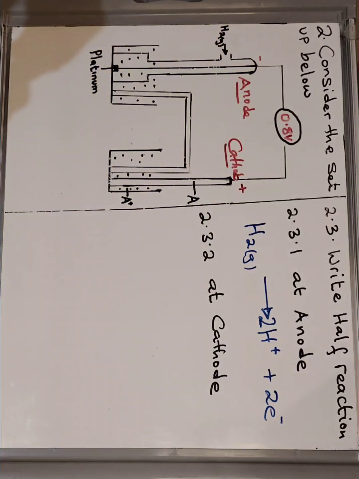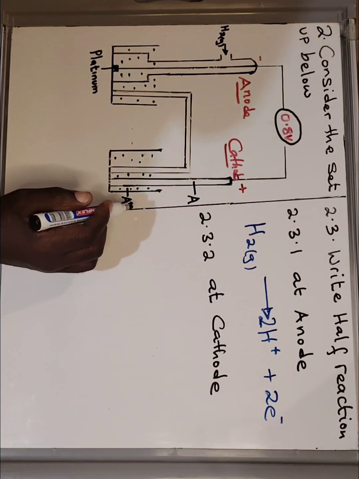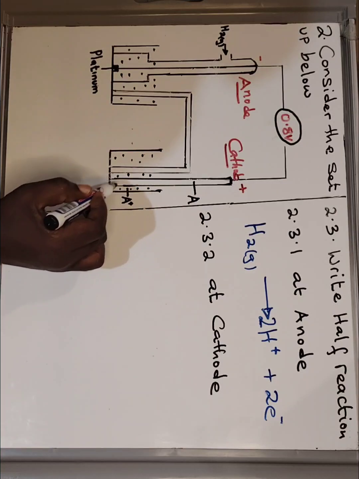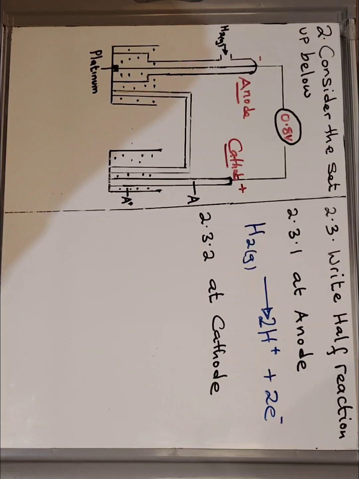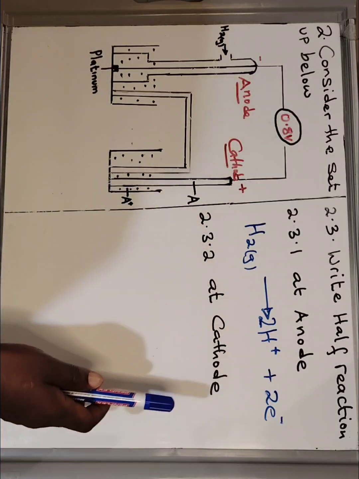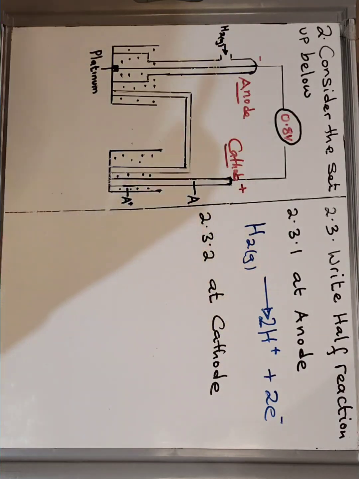But there's some information which is very important before we write. We don't know the symbol of the element, but we know that the element involved is having a cation with a +1. The valence of that element is 1. So that one highlights the number of electrons which are involved. And I also have to remind you that whether it's galvanic or electrolytic, the reaction at cathode is always reduction.